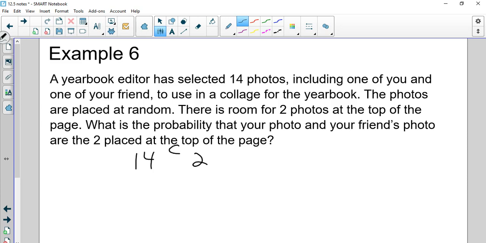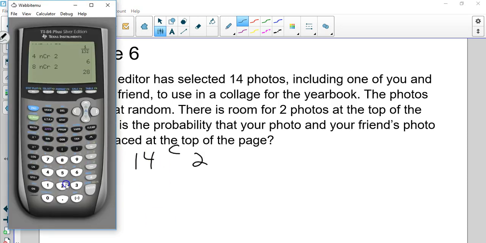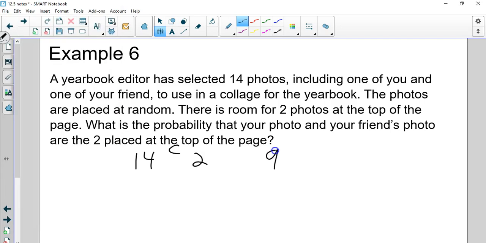So we do 14, math, PRB, 3, 2. That gives us 91 possible outcomes. So that's not what the question is. The question is, what's the probability that your photo and your friend's photo are the 2 placed at the top of the page? So that's one situation out of the possible 91 outcomes, which is not very likely, but that's your chance.